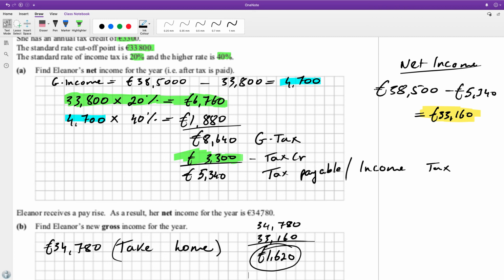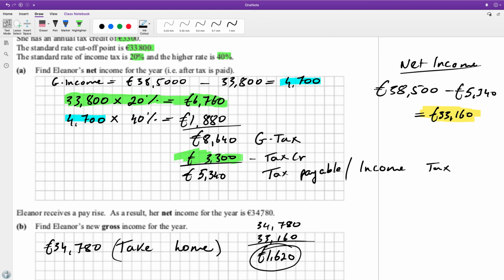Why is it 60? Good question. Because she earned more money, so she paid more gross tax. She had more gross tax to pay. And this figure up here, 6,760, is the same. This one here changes. The reason this one changes is because our gross income went up, so she had more money to pay at a higher rate.